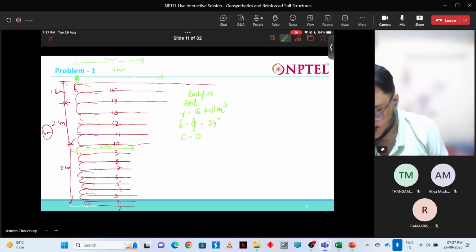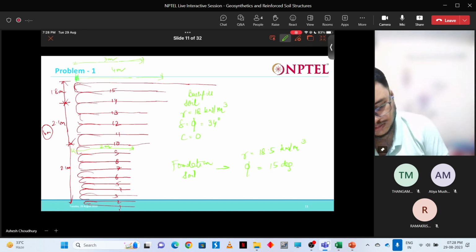Okay, and foundation soil, gamma is equal to 18.5. Approximate. You can take 14.2 degrees, cohesion approximately 0.8 C 16.